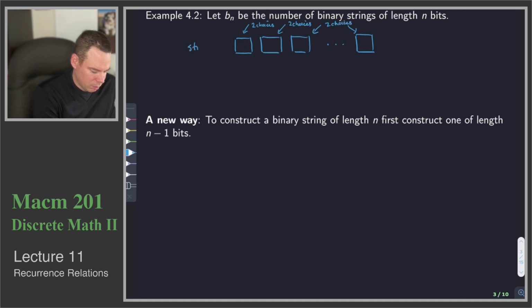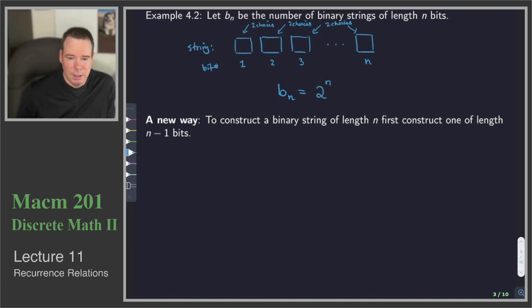So if this is our string and our bit number is indicated here, this is just so I can keep track of how many bits there are, then we know that by the rule of product, the number of binary strings of length n is two choices for each bit. There are n bits in total, so it's 2 to the n.